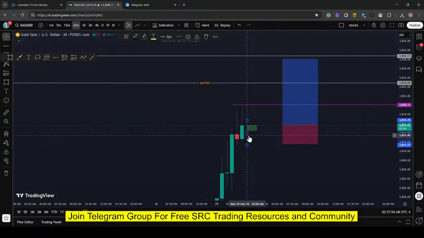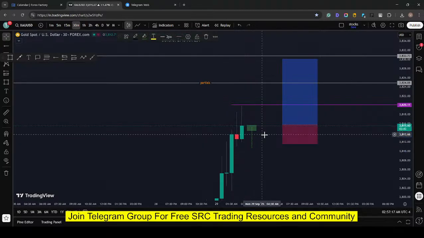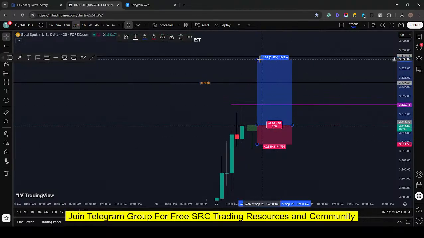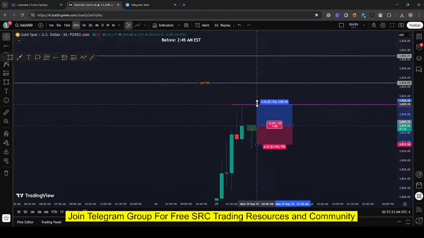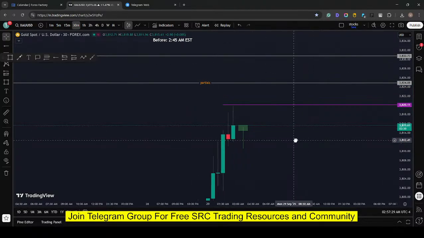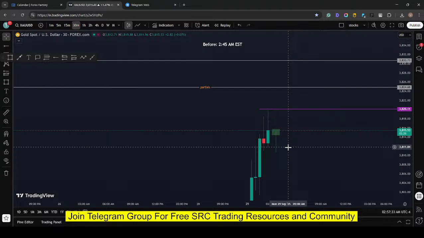Let me draw it a little bigger. It has broken the lows, it has invited the sellers, and now it is flipping back up. In that scenario, we will take buys up here. Our first target will be this. Second target will be this. It will be enough, right? We'll see if that happens, and that will be a higher confirmation too.